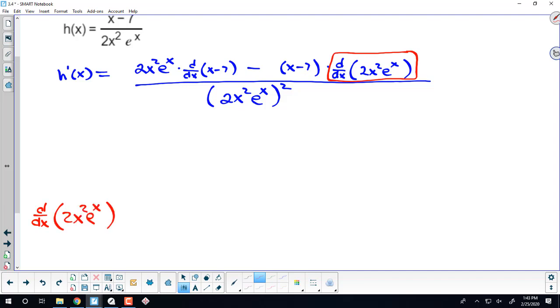Okay, so product rule for that one, again, 2x squared e to the x. We have the first times the derivative of the second, so x, plus the second times the derivative of the first.